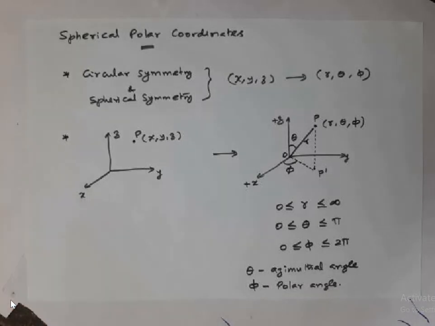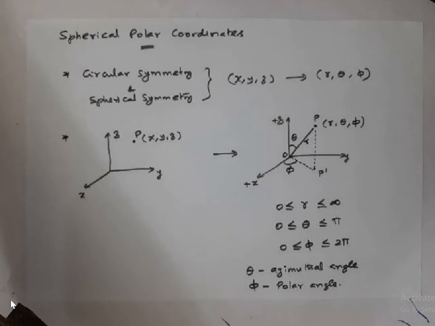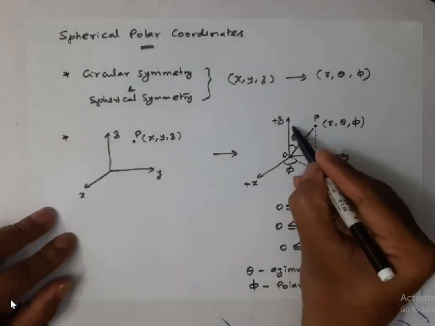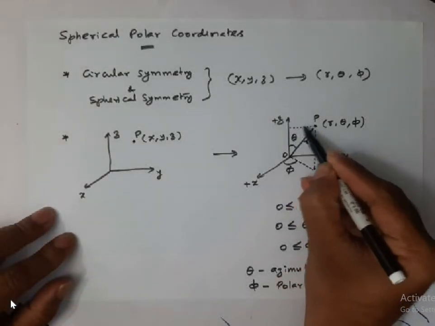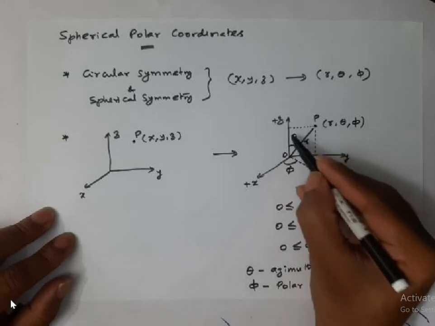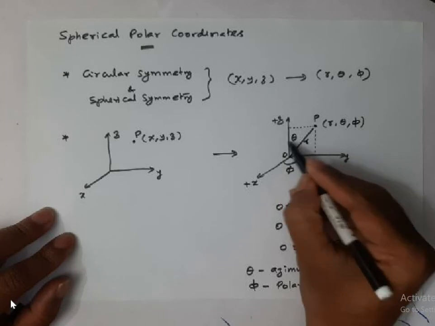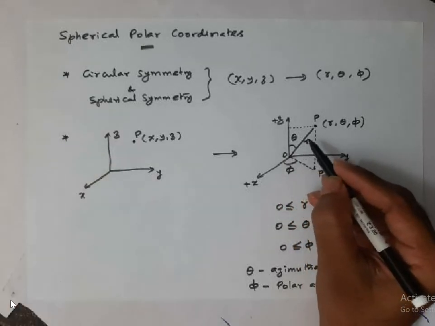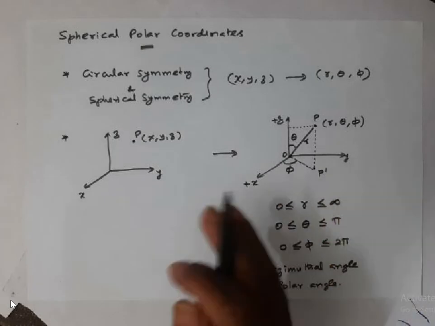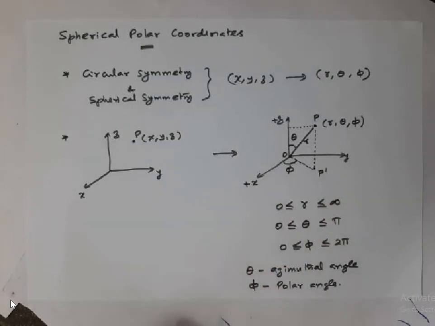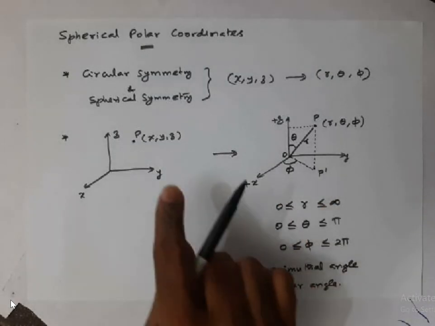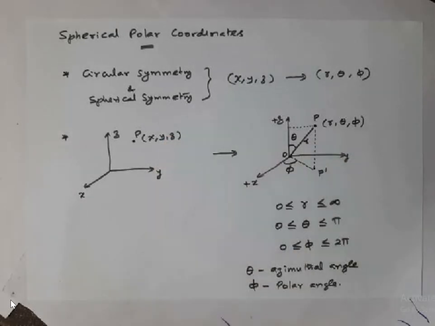Then by using trigonometric identities, suppose I join this point to the z axis, this z value and r can be connected by cos theta, right? So by using the trigonometric identities, we can relate this Cartesian coordinate and the spherical polar coordinate.